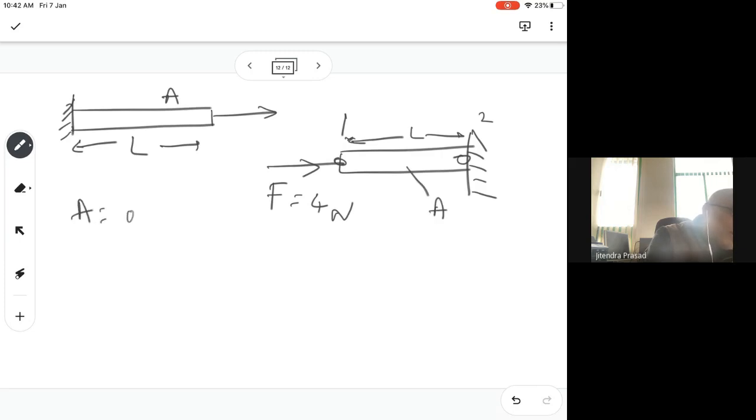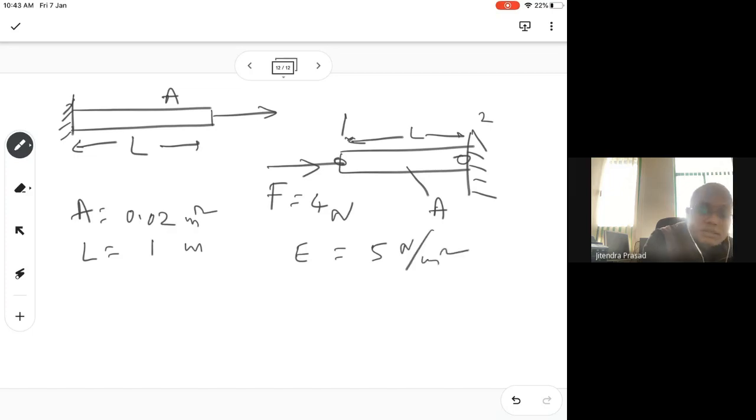Area, let's say 0.02 meter square. Okay. And L equal to 1 meter. And E is given, let us say E is equal to, arbitrary, 5 Newton per meter square. So randomly I have chosen them.